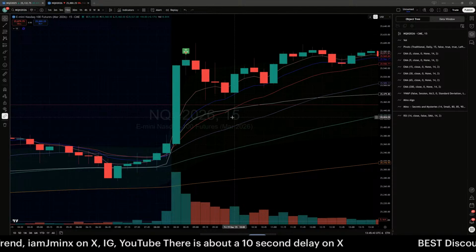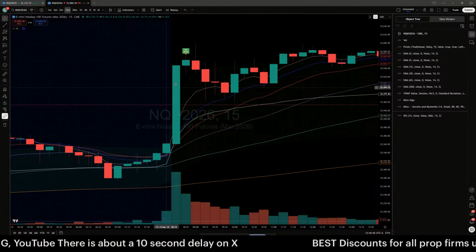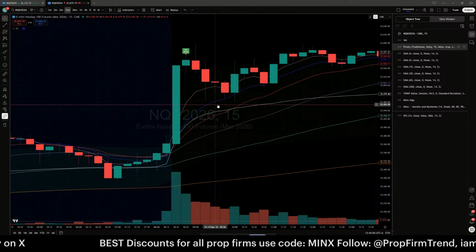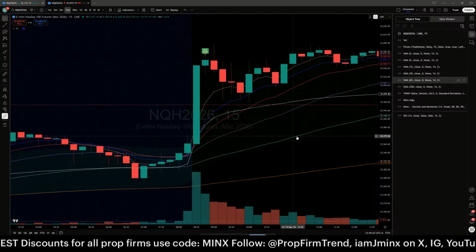So if we start to get this FFMAT in the 5 and 15-minute and it starts to reverse, take a short. It just means that they're rotating their money somewhere else.